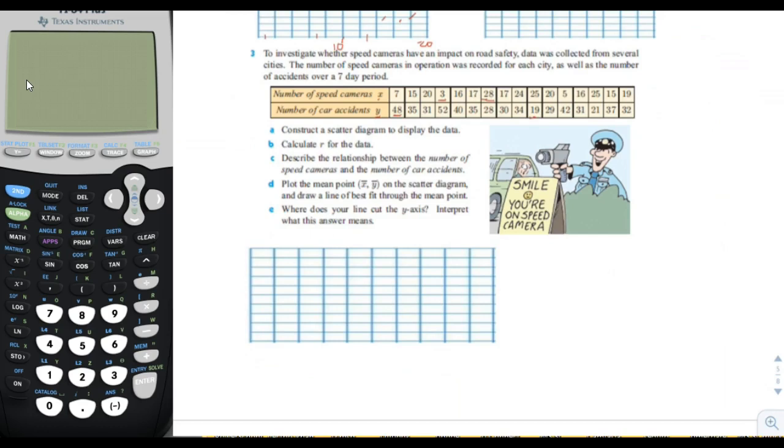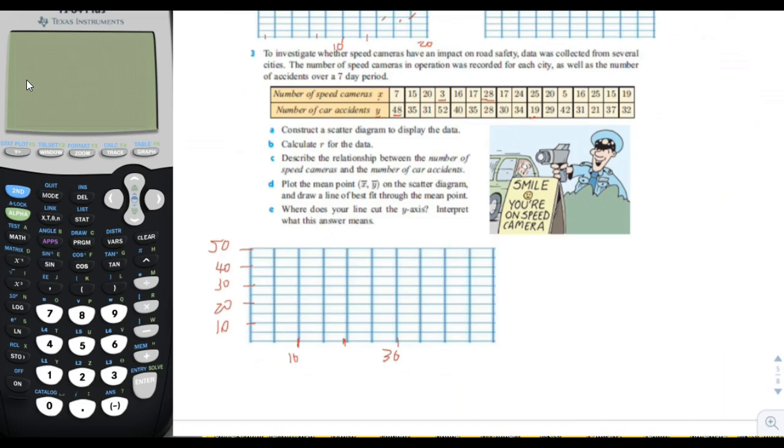Okay, so let's try to divide up our axes here. For the x's, up to 28, so that would be 10, 20, 30. And for the y's, go all the way up to 50: 10, 20, 30, 40, 50.